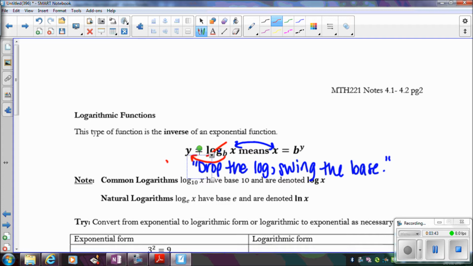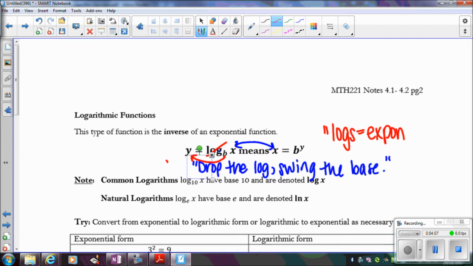So I'm just getting rid of the log, and the b is now becoming the base, and y is the exponent. So really what this means is logs always are really the exponents. So what is the exponent that you would raise this base to get x? That's kind of what it's saying. So another way to think of this is logs really equal the exponents.